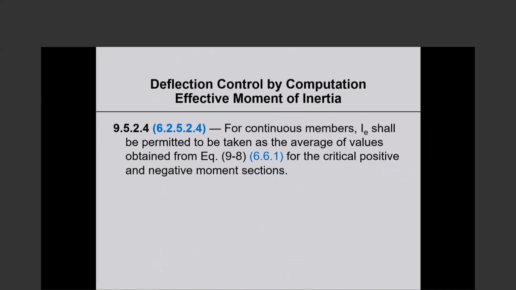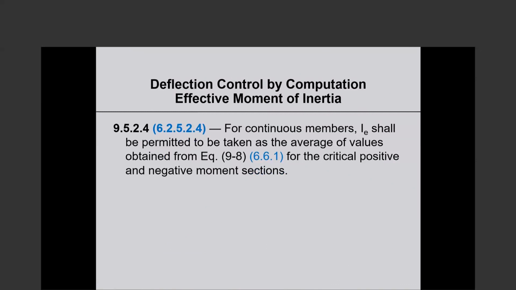For continuous members, there are positive moment sections and negative moment sections. I sub e shall be permitted to be taken as the average of values for the critical positive and negative moment sections. This is kind of important. We are not dealing with one section. We are not calculating section deflection. We are calculating member deflection.